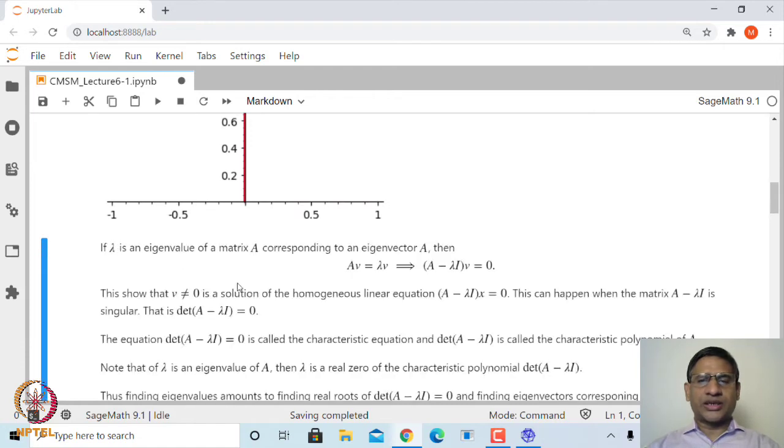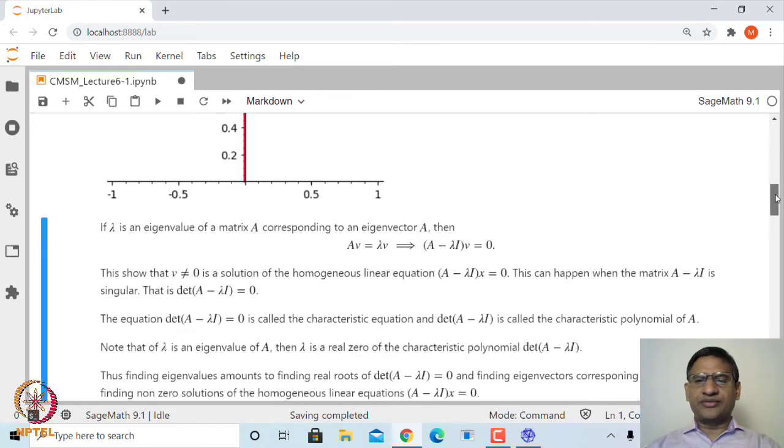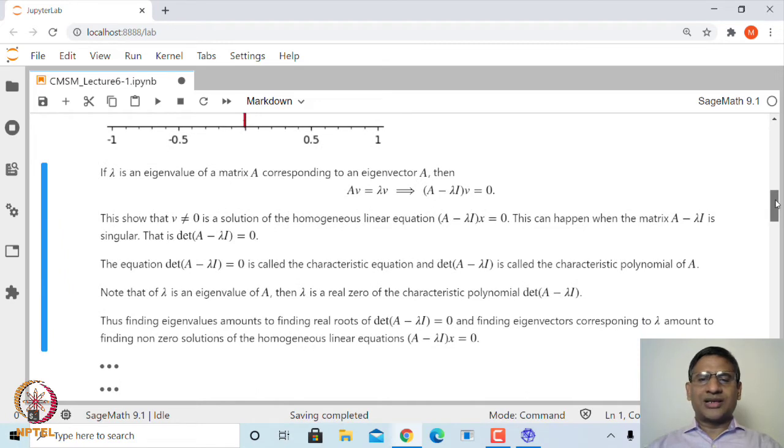Now, let us look at what it means. If you look at this vector v, which is an eigenvector with respect to eigenvalue lambda, then we have Av equal to lambda v, and this implies, if you bring lambda v to the left hand side, A minus lambda times identity times v is equal to 0, where identity is the n cross n identity matrix.